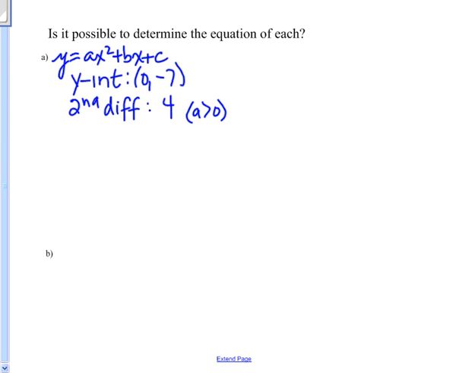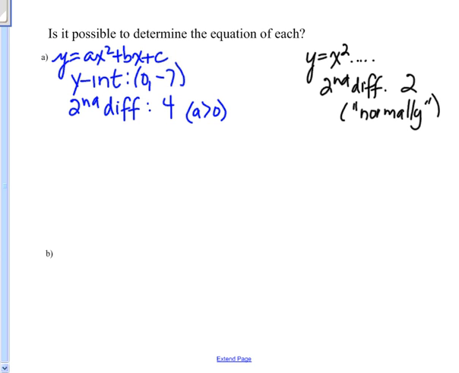If you remember from grade 10, for your basic y equals x squared, the second differences were all 2. So if our second differences are 4, then our a value is double that.